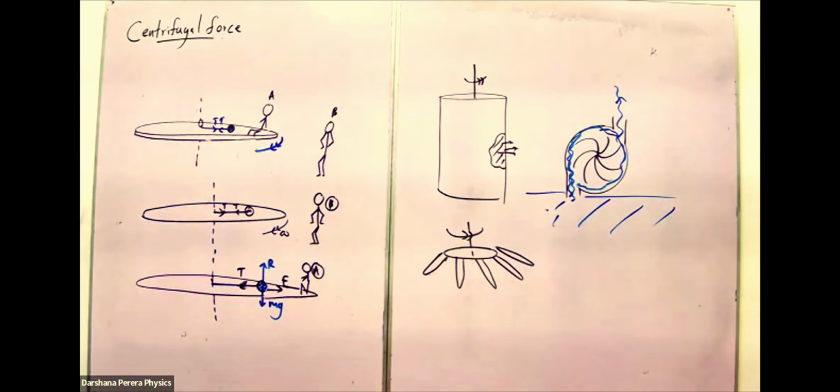The particles which have weight are condensed in the lower part of the tube. Right. Then, this is the centrifuge.